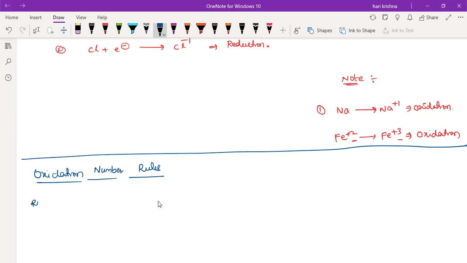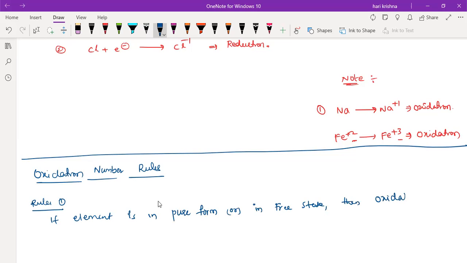First rule is: if an element is in the pure form or in the free state, then the oxidation number of that element is 0.